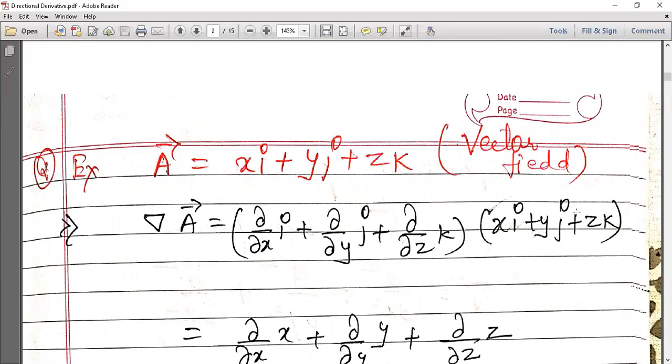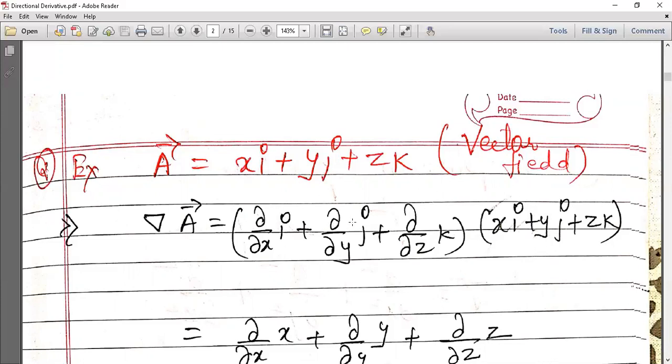When we apply it to a vector field, we again get a multiplication of two vectors, and here it is a dot product. When we take the dot product of two vectors, i with i, j with j, and k with k get multiplied, and the other combinations will be 0.